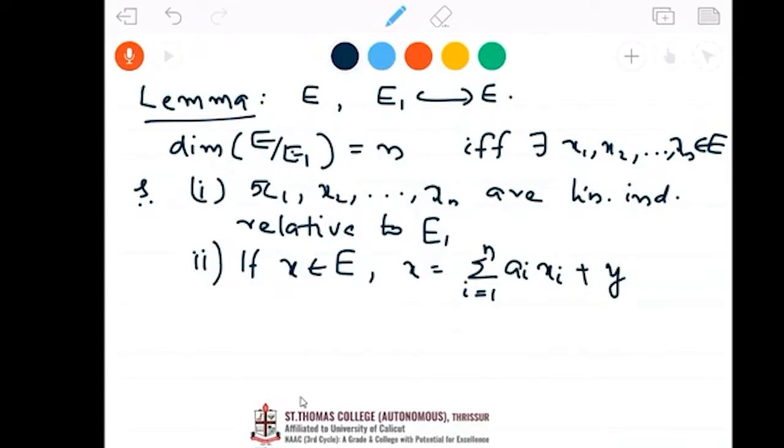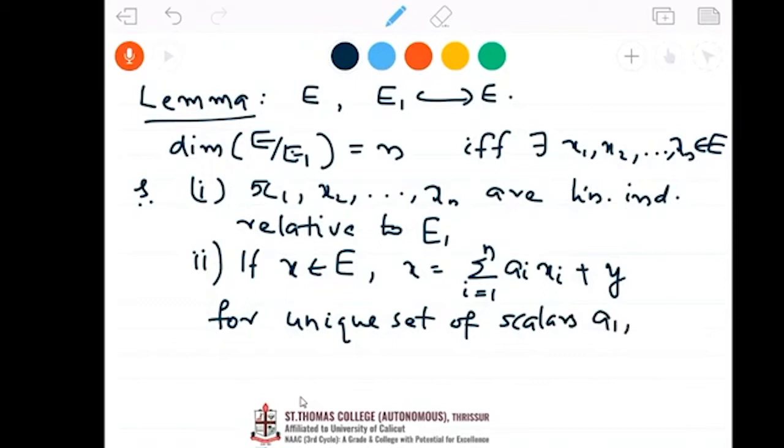That means for unique scalars a1, a2, etc., an, and unique y in E1.